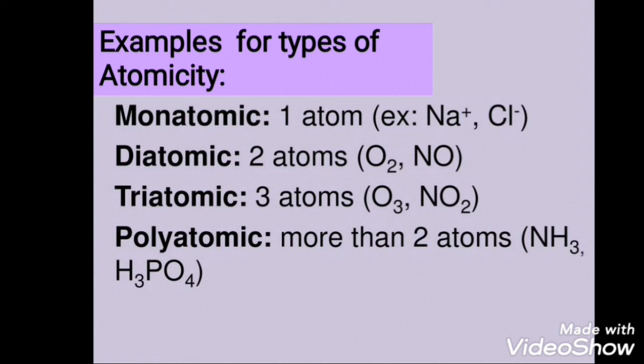Diatomic, oxygen, nitrogen oxide. Triatomic, ozone, nitrogen dioxide. Polyatomic, ammonia, which contains 1 atom of nitrogen and 3 atoms of hydrogen. So 4 atoms are present in that compound, ammonia. So that is polyatomic.